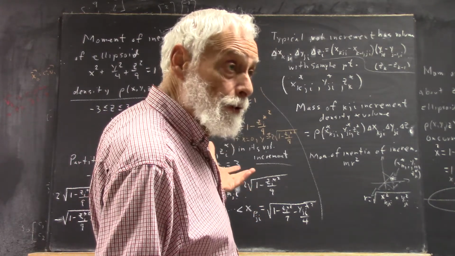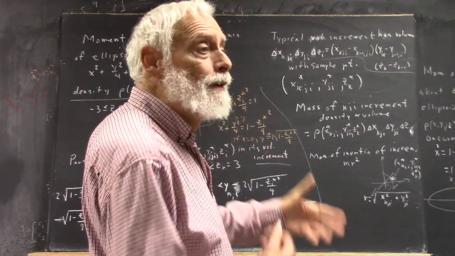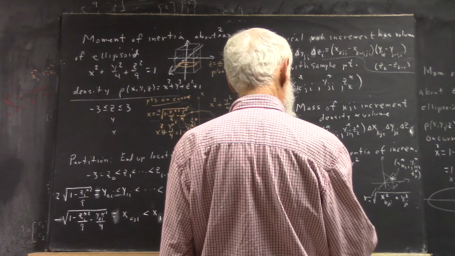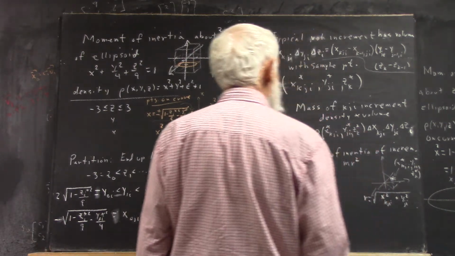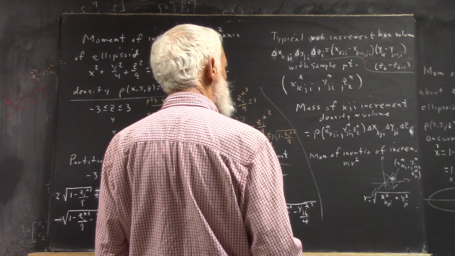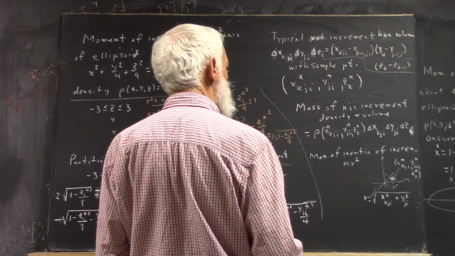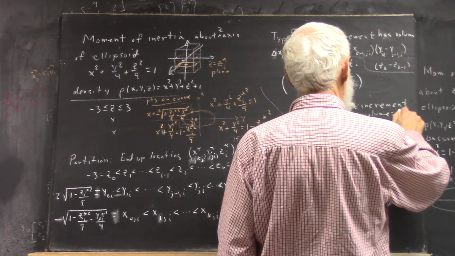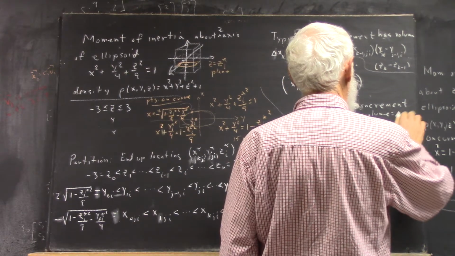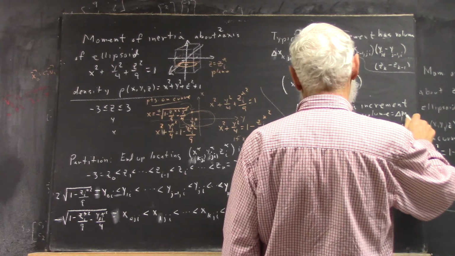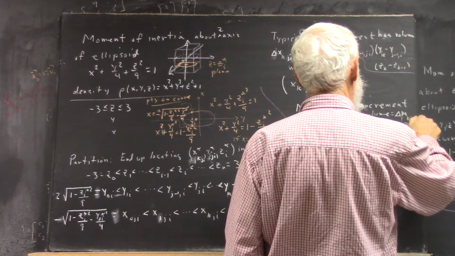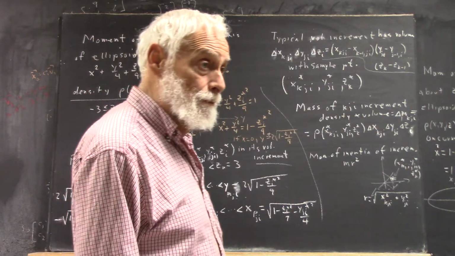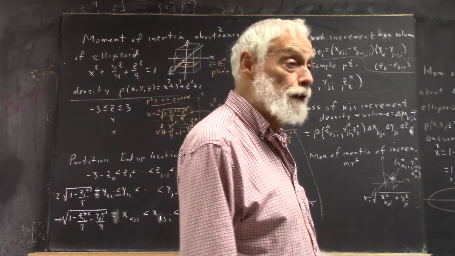So now it becomes very easy to write down the moment of inertia due to that increment. I could call the mass here delta M kji, because again, everything is a kji increment.